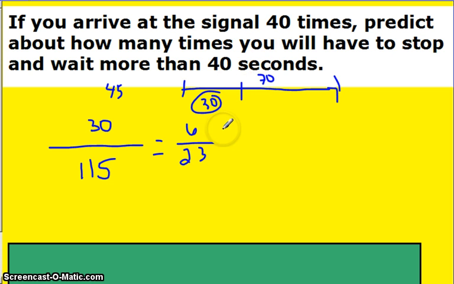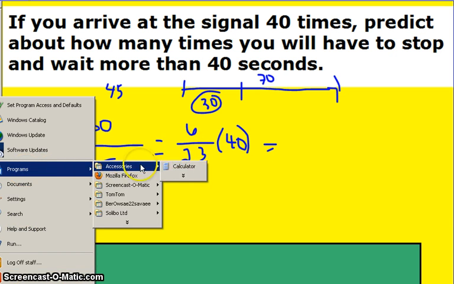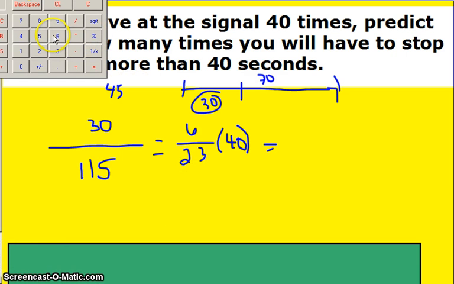Now out of 40 times, we will multiply that by 40. We're going to go ahead and break the old calculator out here real fast. So we're going to take 6 divided by 23, and then take that times the 40.